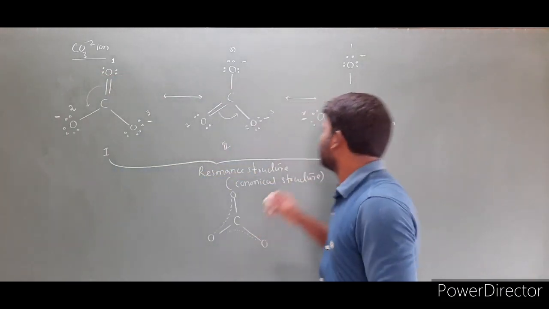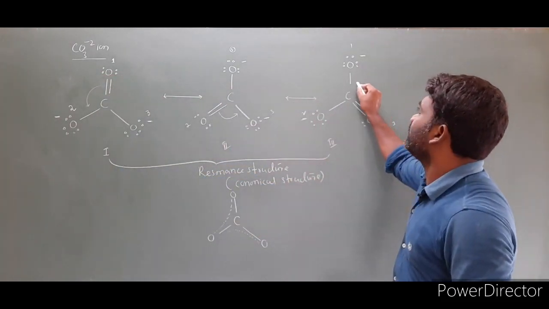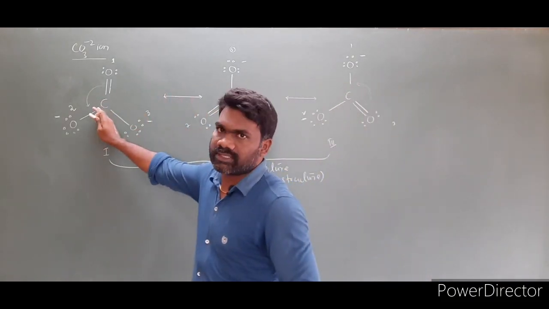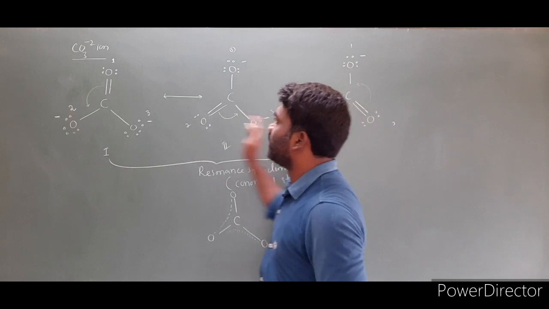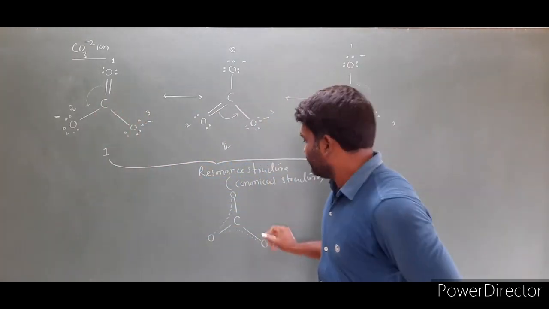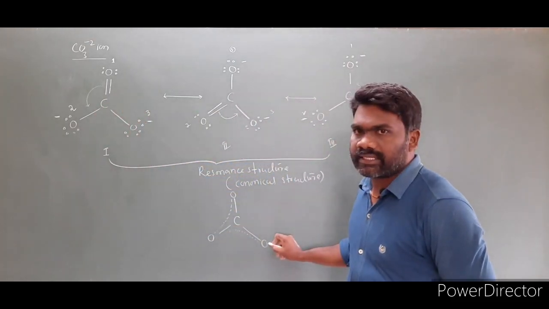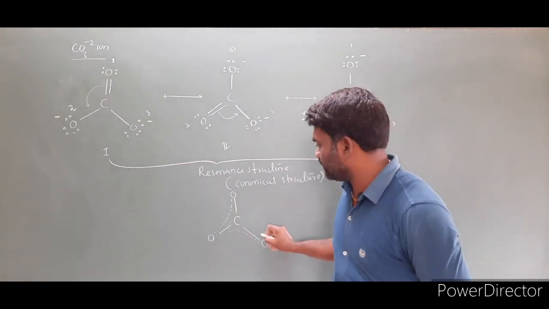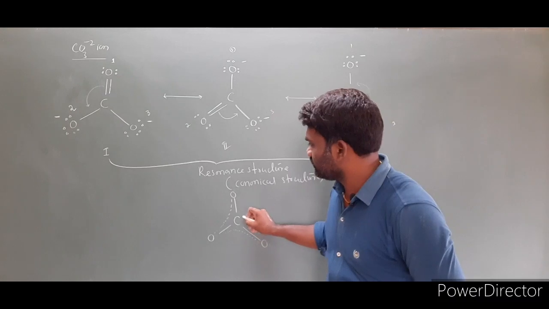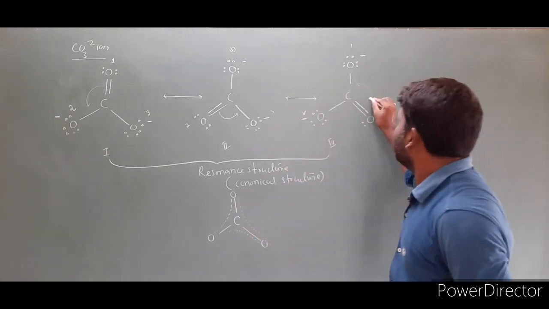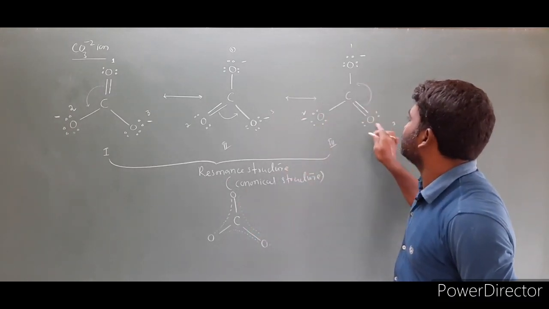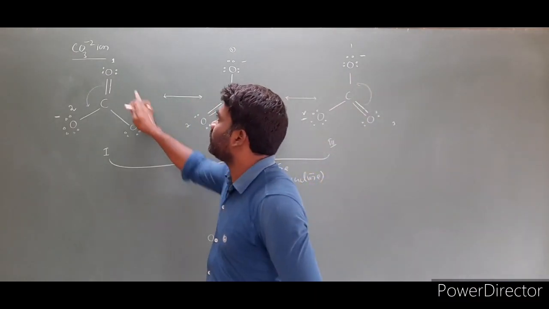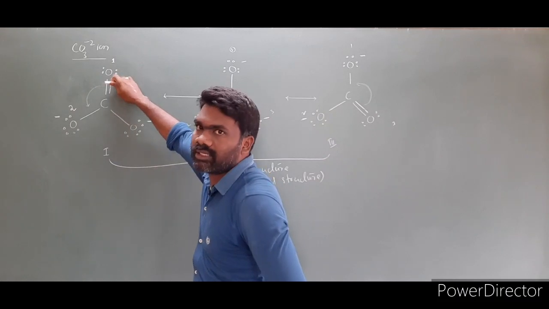Then this structure is converting into this structure, and we can write one more structure also. How do we write it? If this one is moved here, you will get this structure again. So from the second oxygen to the third oxygen, the bond is moving from the first oxygen. If you move this bond from the third oxygen to the first oxygen, the bond came here and you will get a double bond.